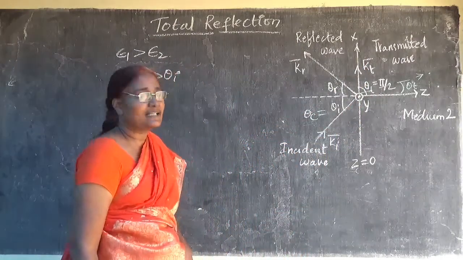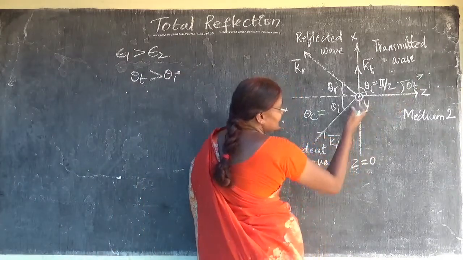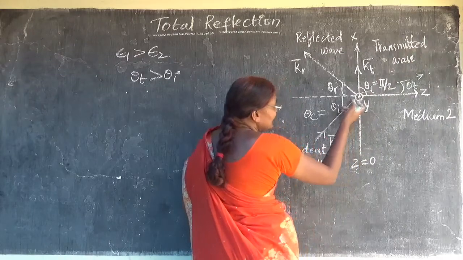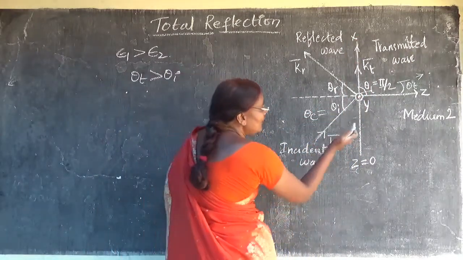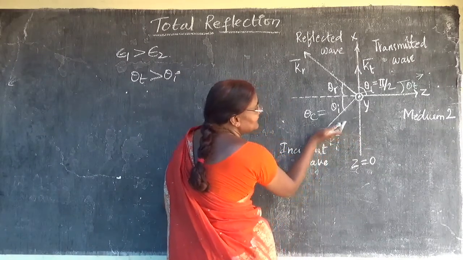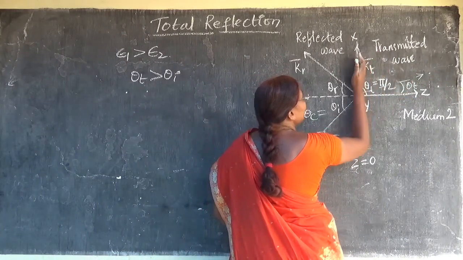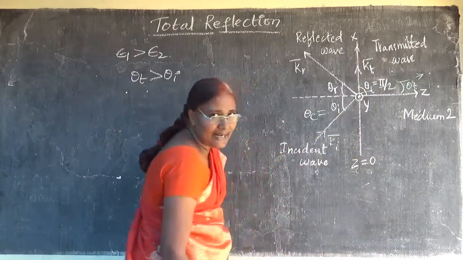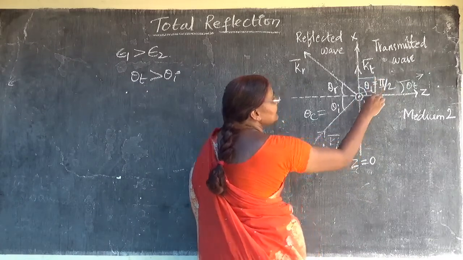As you vary theta I in this direction, your angle theta t will vary in this direction, and there is a certain angle for which theta t will be 90 degrees.